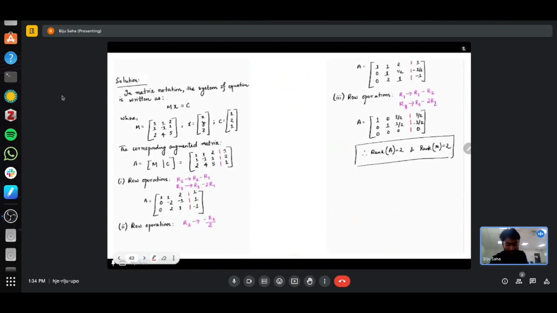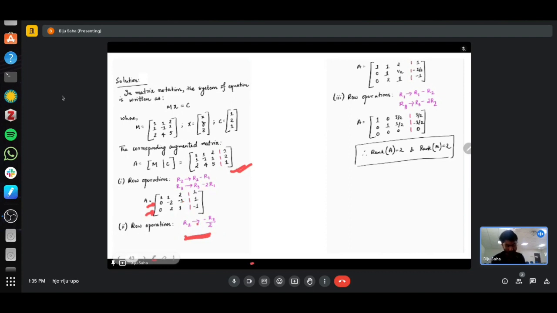In this case again we start with the same procedure. We first write the augmented matrix, and again we verify whether the first entry is 1 or not. It is 1, so we don't need to bother much about it. So we immediately go to the row operation, that is, make other entries in the same column 0. We perform the row operation and achieve it, and then multiply a row by some multiplicative factor and make the leading entry 1.